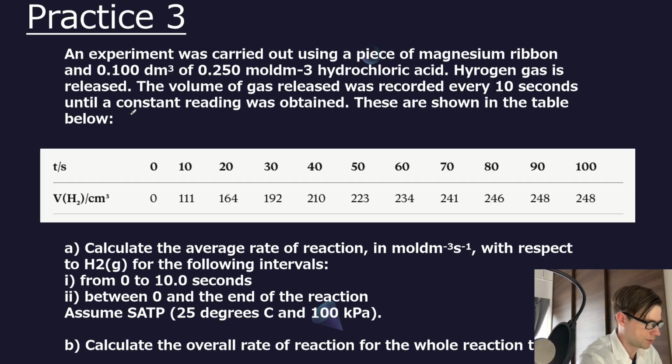But we can use PV equals nRT. And then our moles of hydrogen is equal to PV over RT. And we've got SATP, that's 100,000 pascals for pressure.